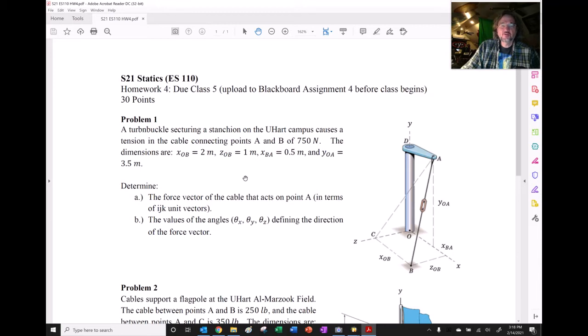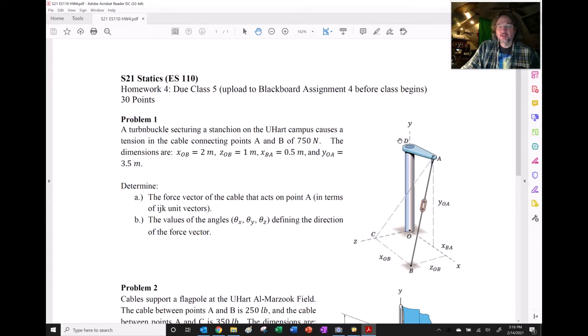of 750 newtons. The dimensions are 2 meters in the x direction between O and B, 1 meter in the z direction of O and B, and 0.5 in the BA right here. So there's 0.5 right there, and then we also have a y dimension YOA.